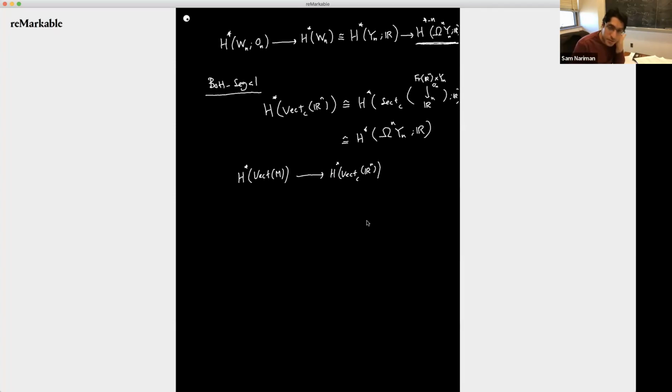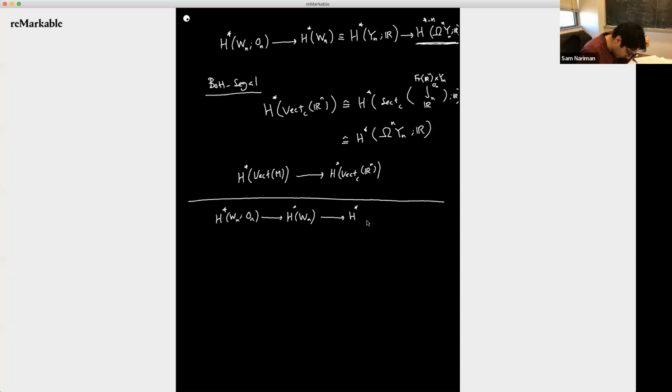Now I want to use this map to detect the non-triviality of the class. It seems that I only have 3 minutes, so let me speed up. I have the map from the cohomology of W_n with O(n) to the cohomology of W_n, and then to the shifted cohomology of the n-fold loop of Y_n.